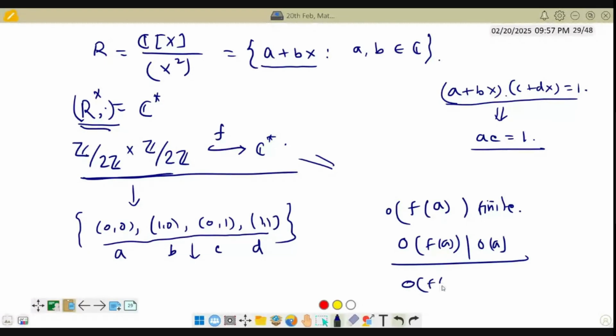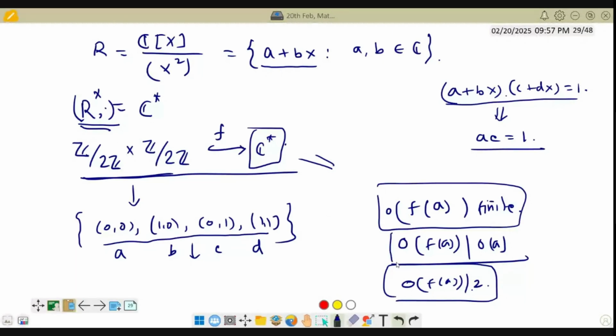That means you have the order of f of a divides 2. So now find what are the elements of order 2, then just try to find the map. Surely it will not exist. You can check, there doesn't exist any injective homomorphism, so the statement is false. You can check this way, just using these two things.